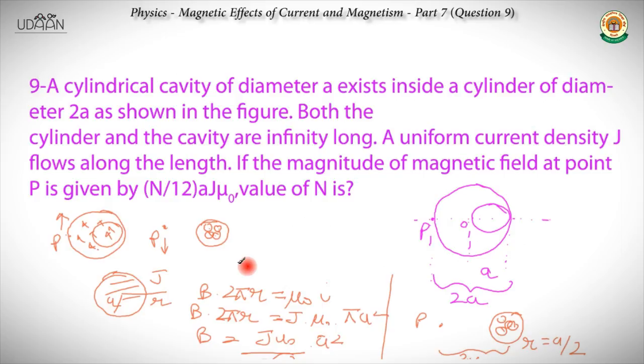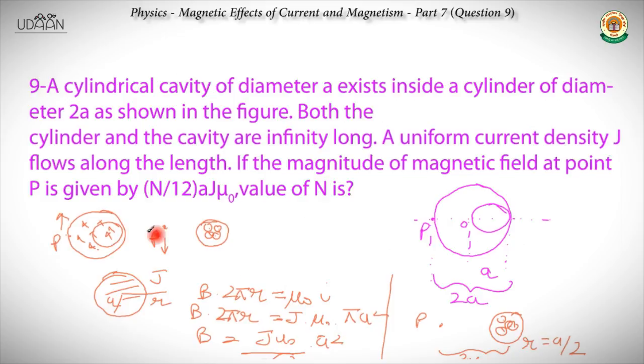We take a normal cylinder and we take the cavity as a separate cylinder with current being passed in the opposite direction. Or rather, because it's a cavity, we take it as current being passed in both directions. The one in which the current is in the same direction as the cylinder, we take it inside, and the one in which the current is in the other direction, we take it outside.